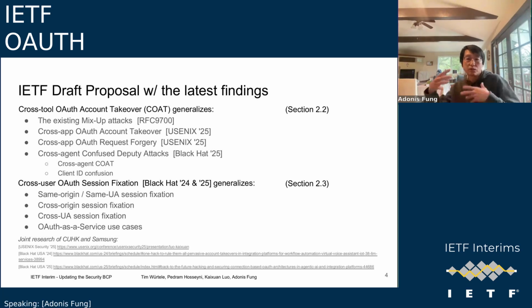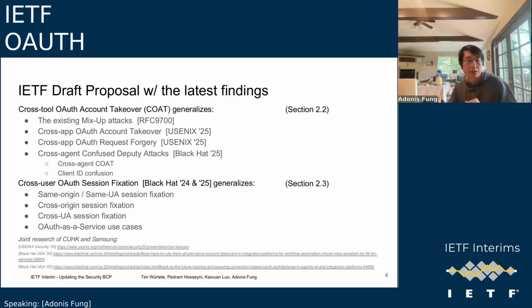We try to wrap them up, reorganize them, and generalize them, even including the RFC 9700 old mix-up attacks, into 2 big buckets. The first is the new name we call cross-tool OAuth account takeover.